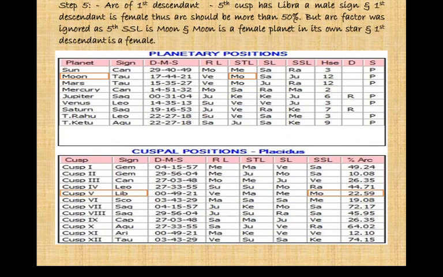The first child happens to be a female, so as it's Libra, a male sign, and the first descendant or first child happens to be a daughter, arc should be more than 50, but this was ignored because here sub-sublord is Moon, and Moon is a female planet, and Moon happens to be in its own star, so the arc factor was ignored. And even if the arc is not more than 50, because sign is Libra and Libra is a male sign, we can still go ahead.